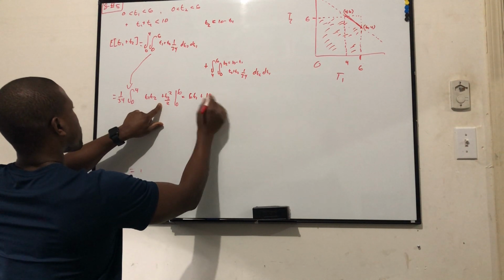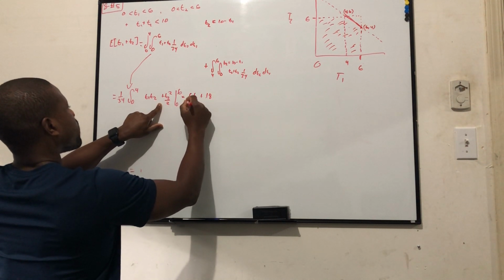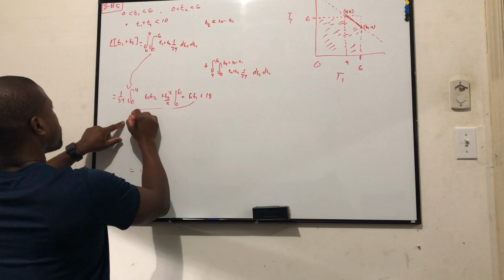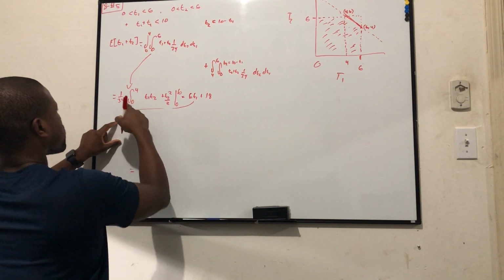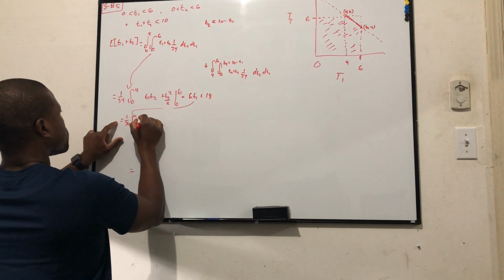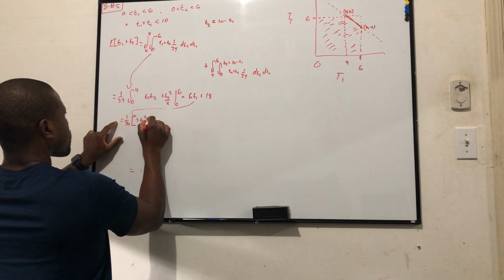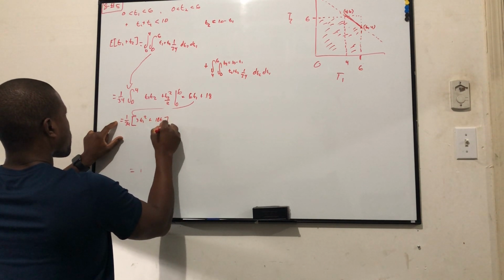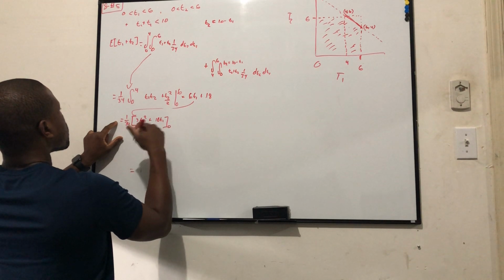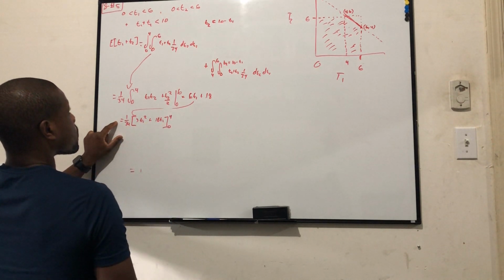Sometimes I do things in my head, and I know I probably shouldn't. Now I'm going to integrate it. Again, now to T1, which would be to 4.